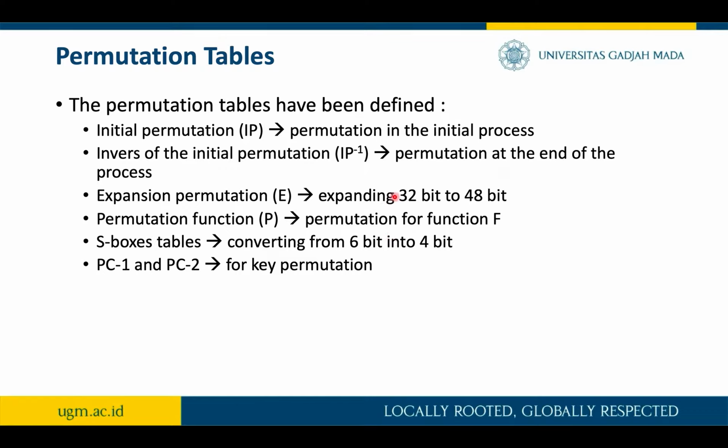These 3 are used in the function of each round. And the tables PC1 and PC2 are used in the key scheduling algorithm to derive the subkeys K1 through K16.